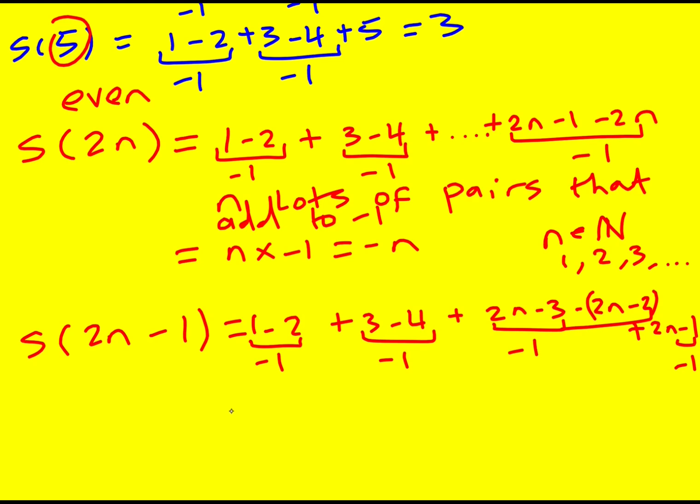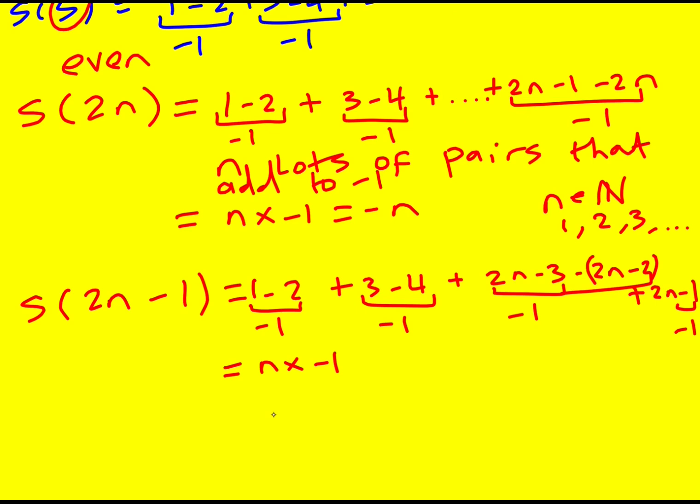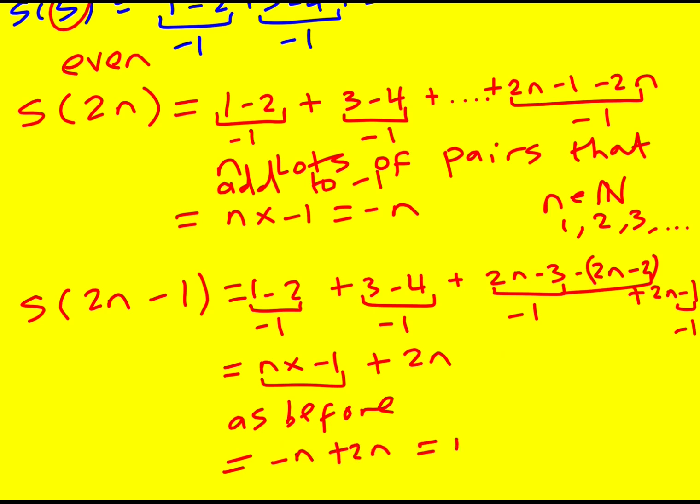So I'm going to get n lots of minus one, just like before. But then I'm going to add on this extra 2n. And overall, that's going to give me minus n plus 2n, which gives me n.